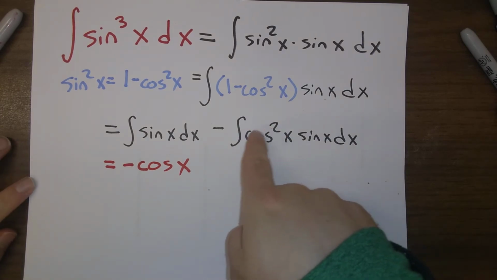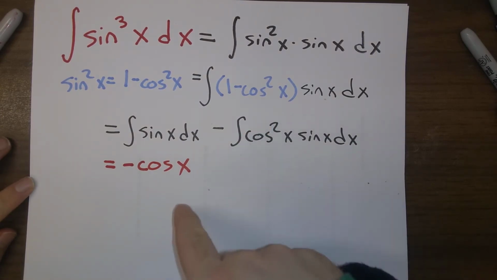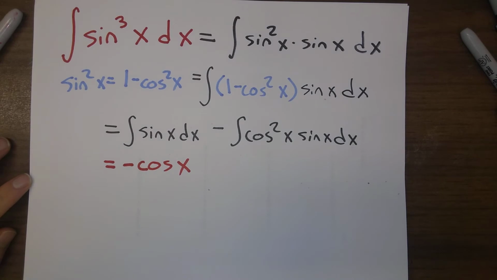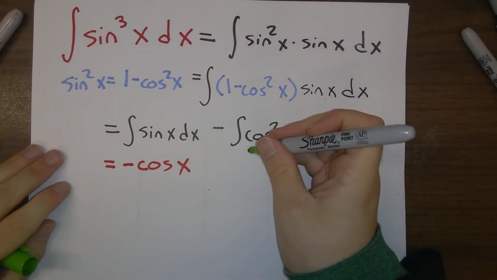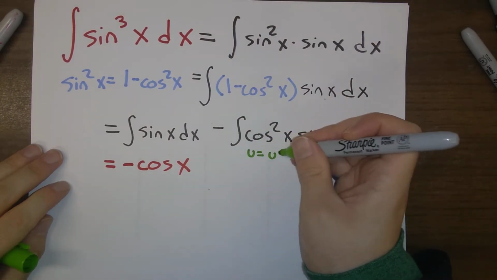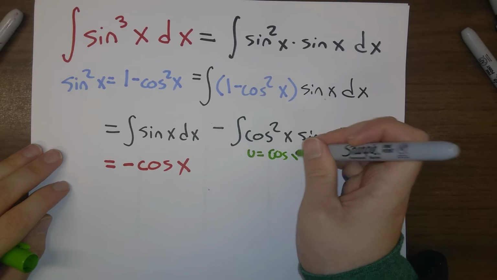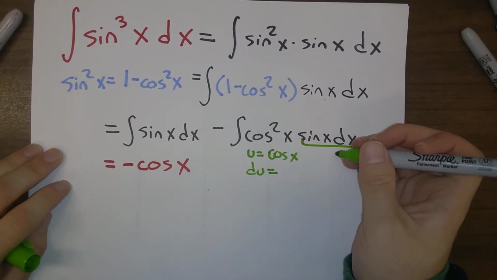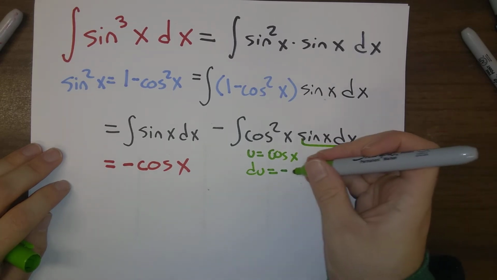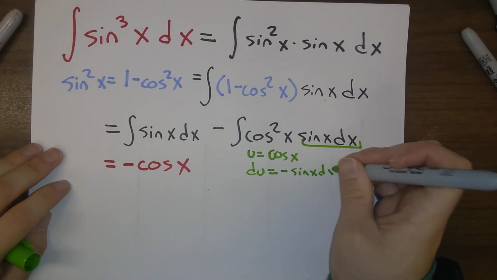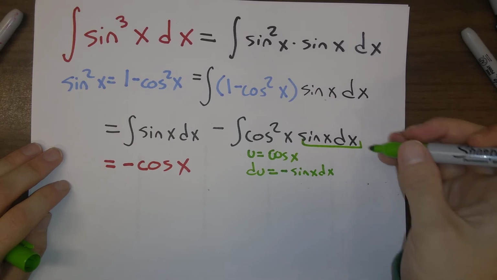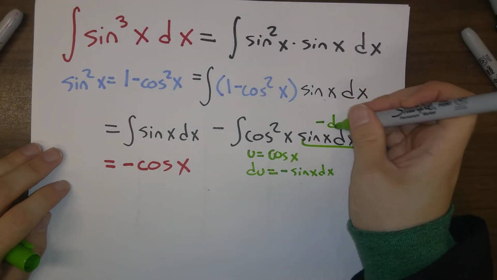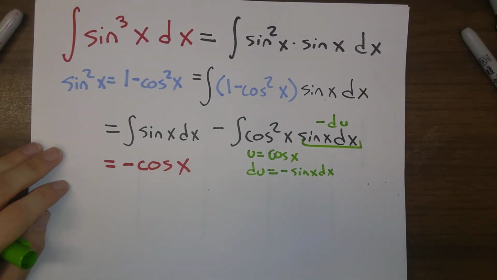And now, this is rigged for us to be able to apply substitution. So we're going to let u be equal to cosine x. And so now du is equal to minus sine x dx. So this right here is negative du.